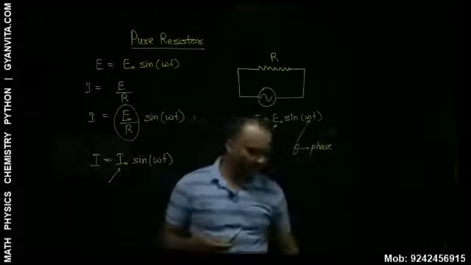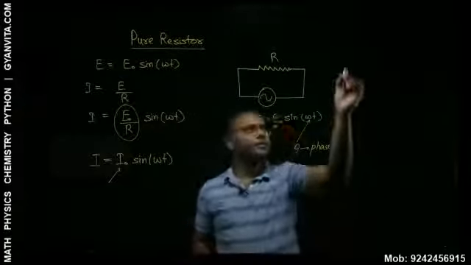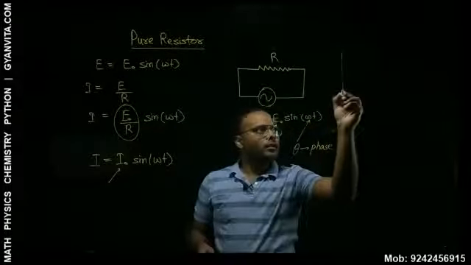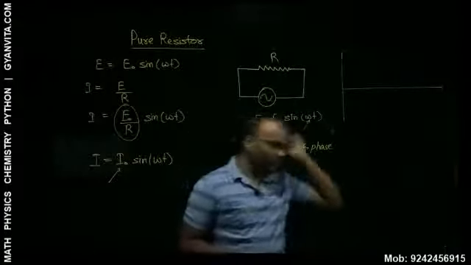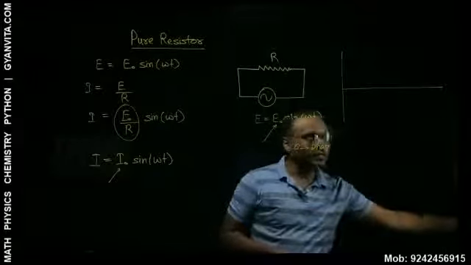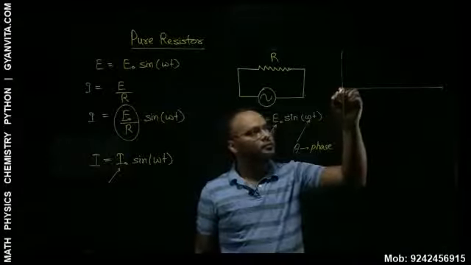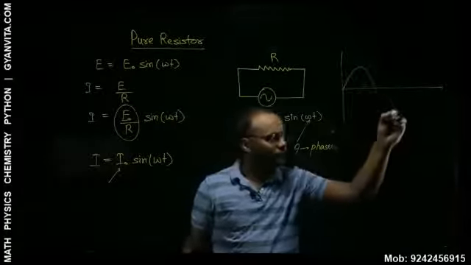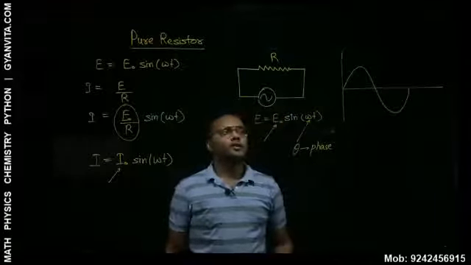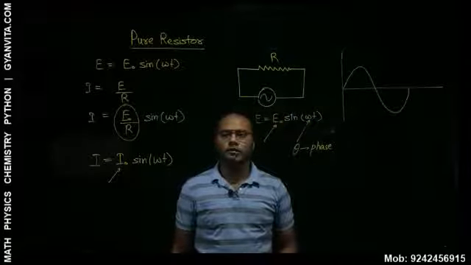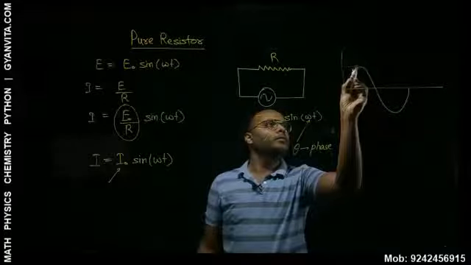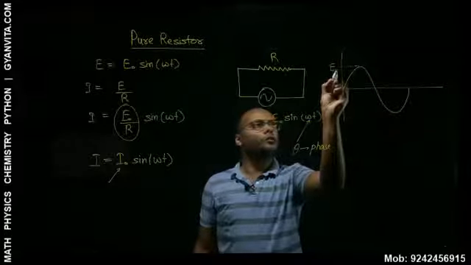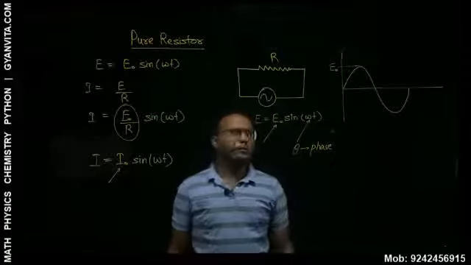wave diagram. So the wave diagram I can draw here itself. Okay, so you will have to draw the wave diagram of EMF. Suppose this is your EMF or the diagram for EMF. So that means this value is the value of E naught, right?